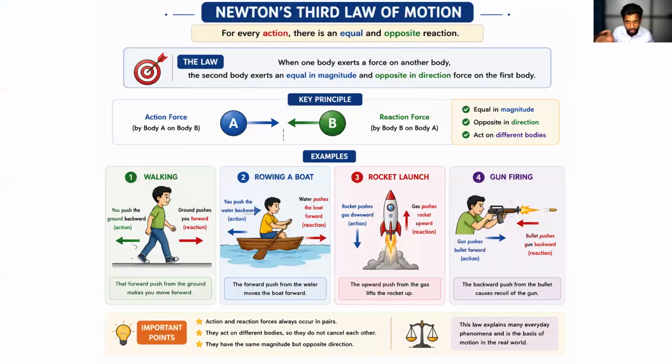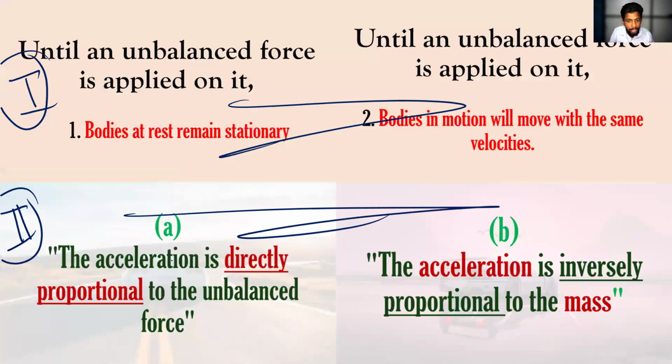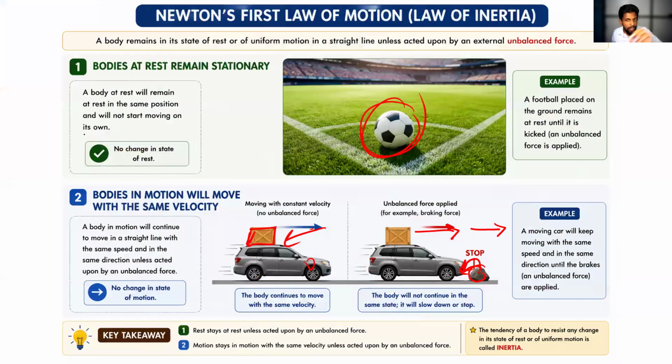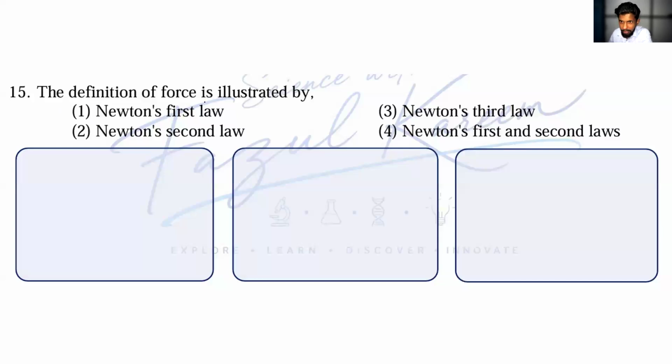And the third law, every action has equal and opposite reaction. First of all, we'll write every Newton law. Newton's first law. Under question number 15, you may have a space there, right? Within that gap, you can write that.